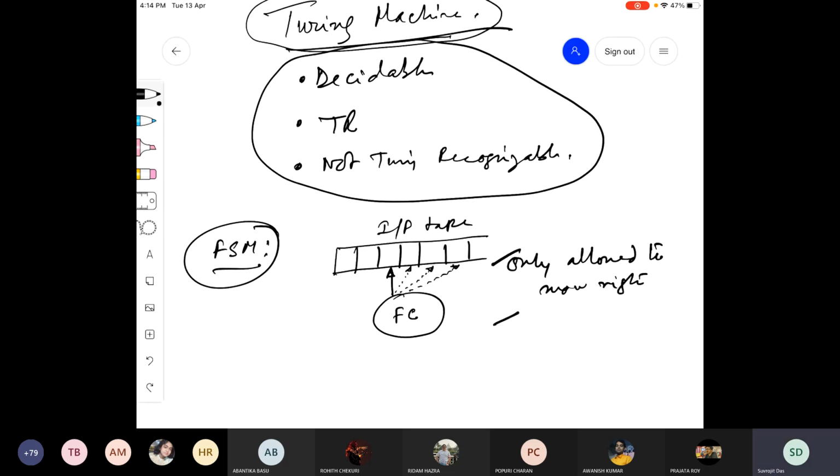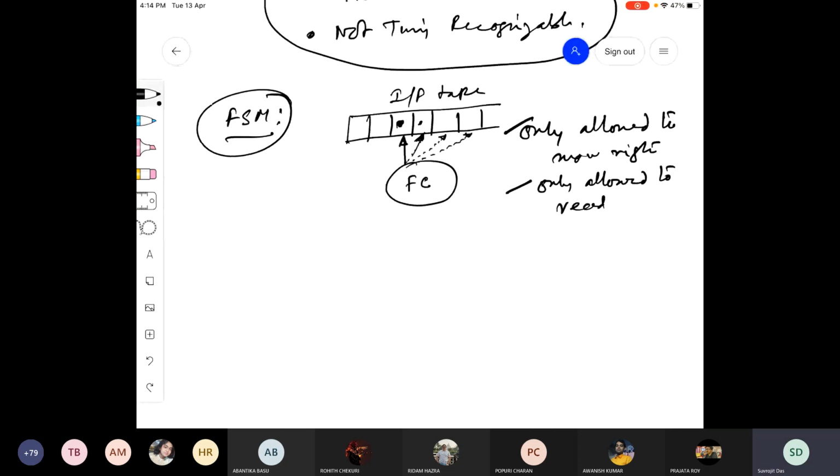Read from the input, only allowed to read, change state and move right, right? Read a symbol, move right, and change state, or read a symbol and then change state and move right for the next symbol. That was the finite state machine. Coupled with the finite state machine came a stack, and then we defined a PDA. Now remember, whenever we talk about PDA, essentially it's an automaton with a stack, right?